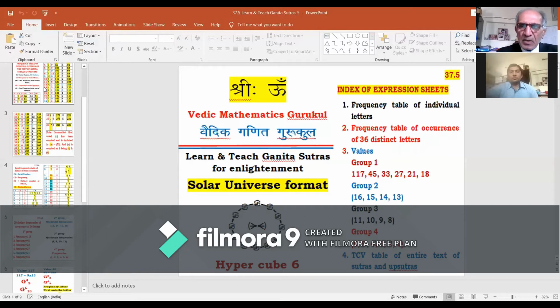Today, our focus is to remain upon the frequency table of occurrence of these 36 letters as four groups of 20 values.